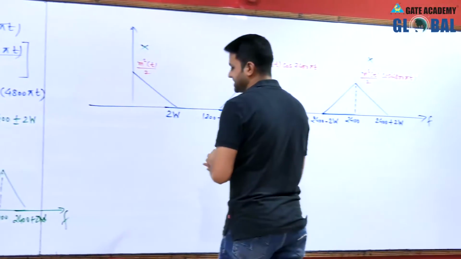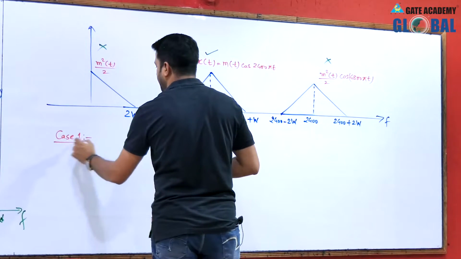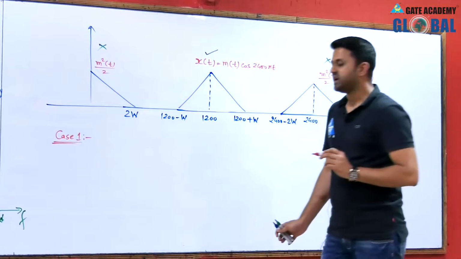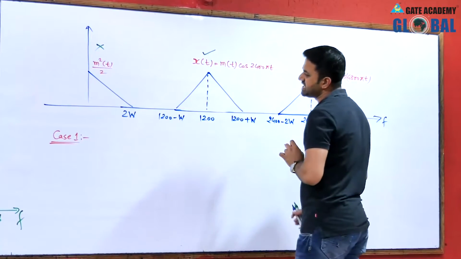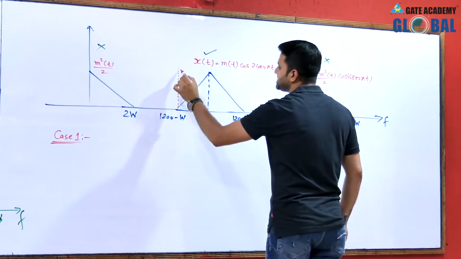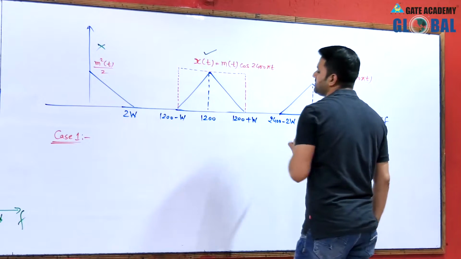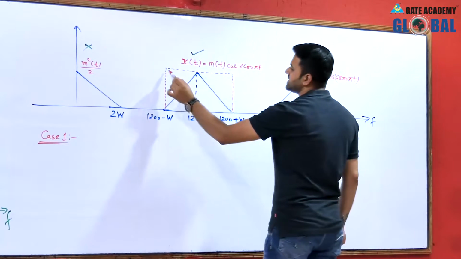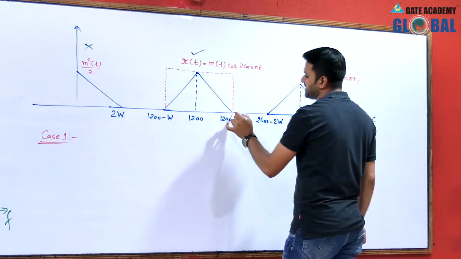suppose I am taking it as case 1, because I want this particular band of frequency, if I place the band pass filter here, ranging from 700 to 1700, this is the response of the band pass filter, this is the minimum value 700, this is the maximum value 1700.